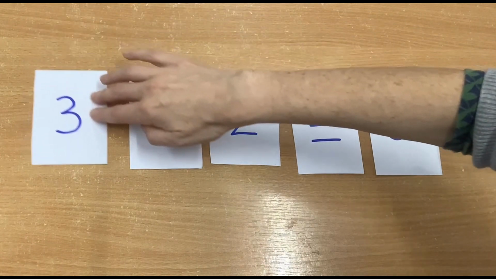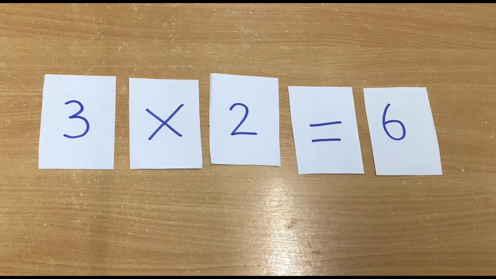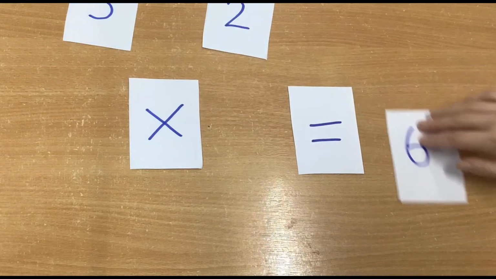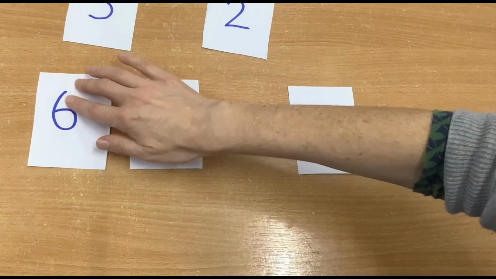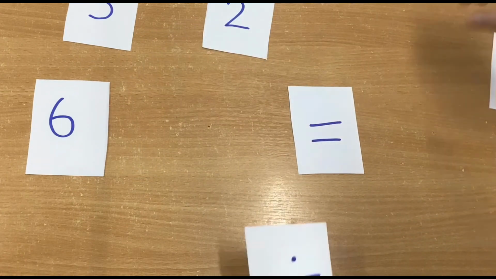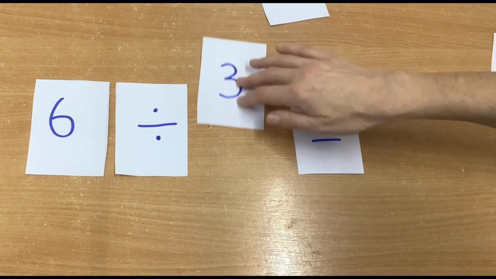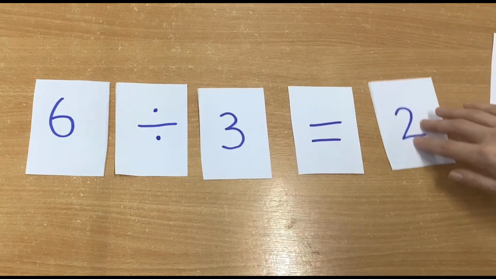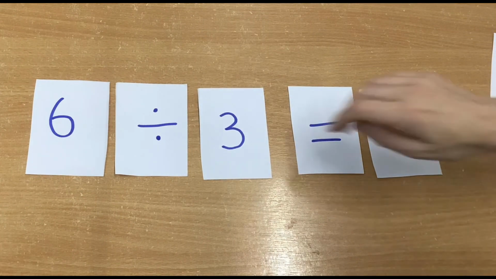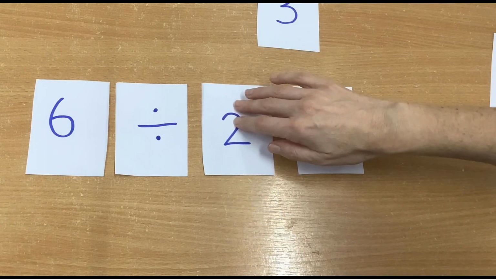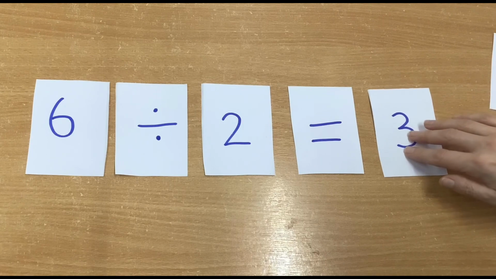And then you've got 3 times 2 equals 6. And if you want to make it into a division number sentence, move the big number to the front, swap the times. So you can have 6 divided by 3 equals 2. And to make the next one, swap the little numbers again. 6 divided by 2 equals 3.